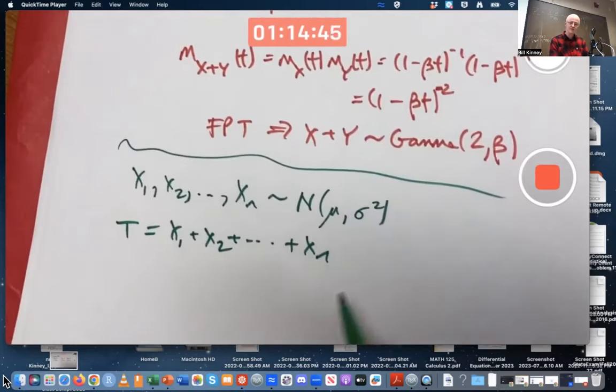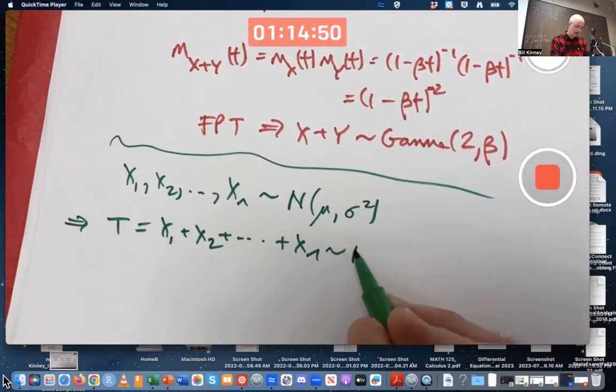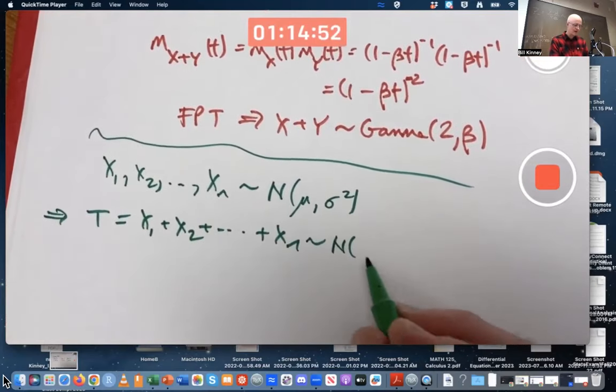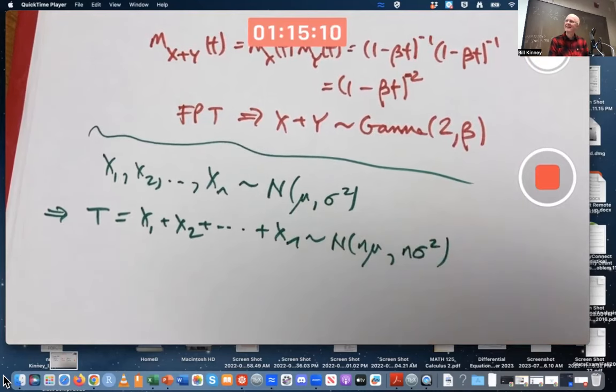You will get a normal. Do you remember the mean? I think the mean makes sense to be n times mu. The variance is n times sigma squared. That's the distribution of the sum.